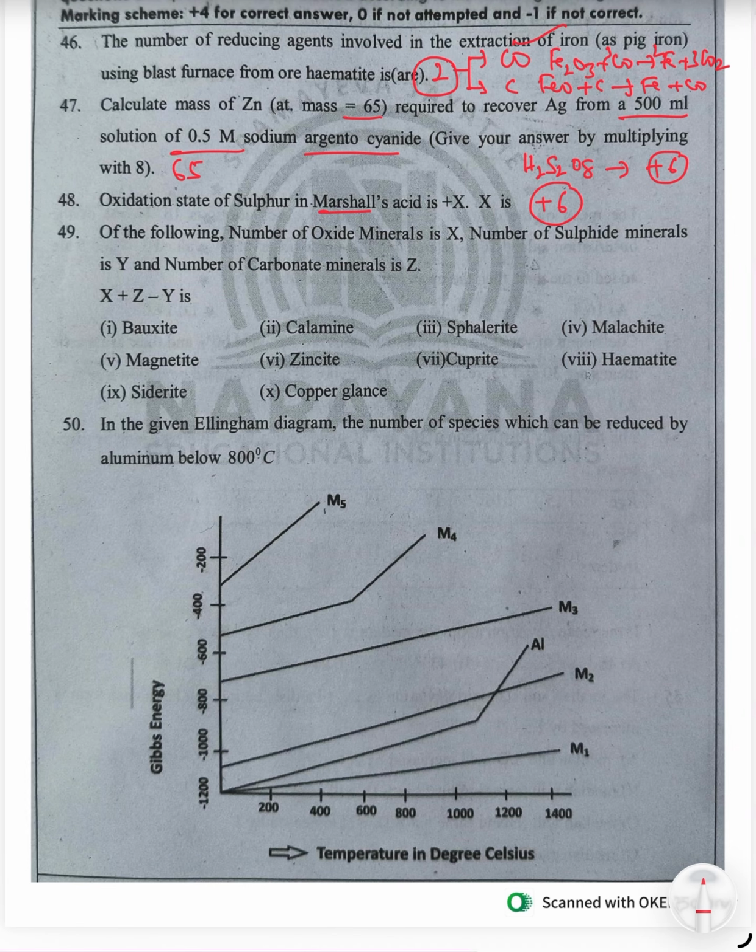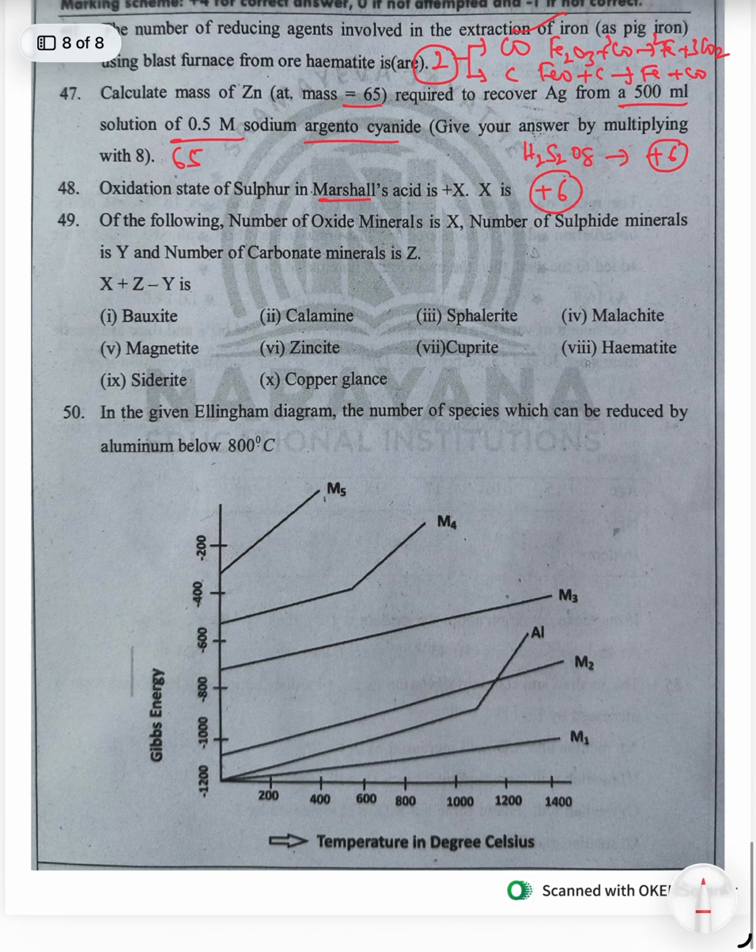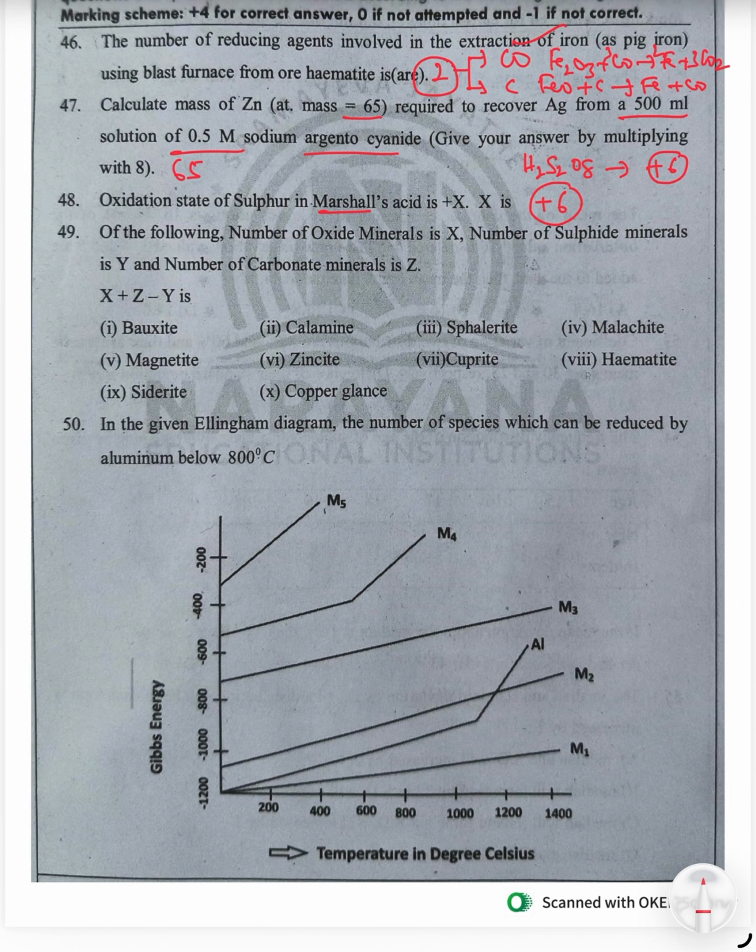Next, let us see 49. Of the following, the number of oxide minerals is X, the number of sulfide minerals is Y, the number of carbonate minerals is Z. Then X plus Y minus Z is, let us see the formulas.